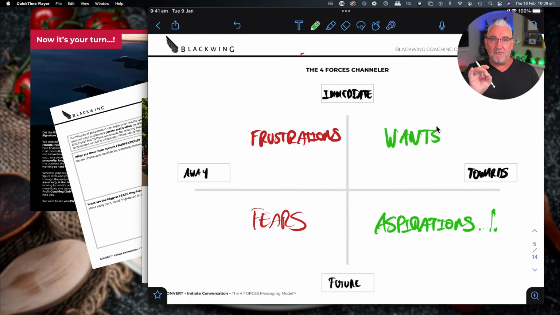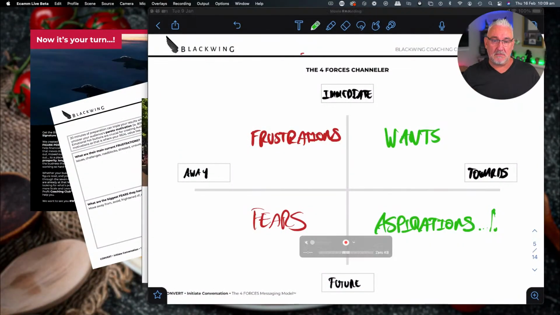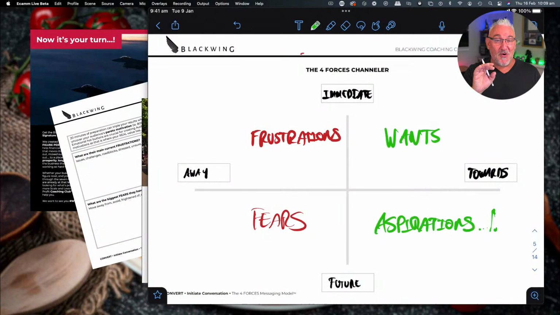all you've got to do is push the right hot buttons in the right order in a very, very specific way. What will happen is that people will instantly recognize exactly what you're saying.